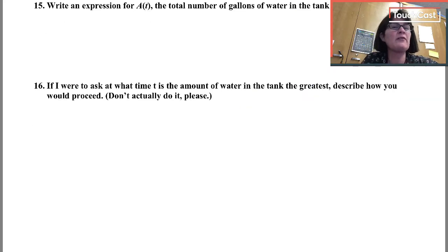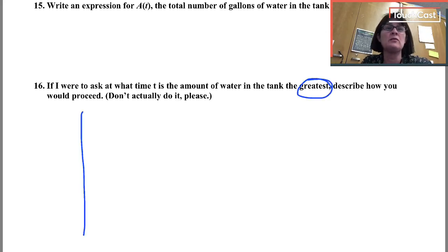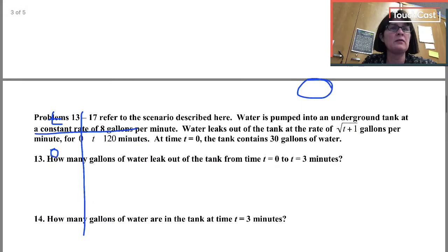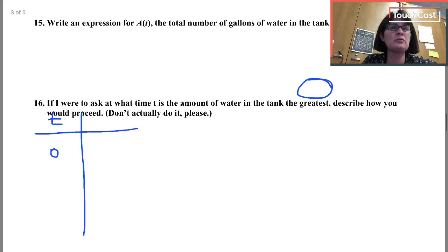So this next one, if I was going to ask you what time the amount of water in the tank is the greatest, how would you just proceed? So you need to notice that this is an optimization problem. We're going to need candidate times. The candidate times are time 0 and, what was the maximum time in this problem? 0 to 120 minutes.